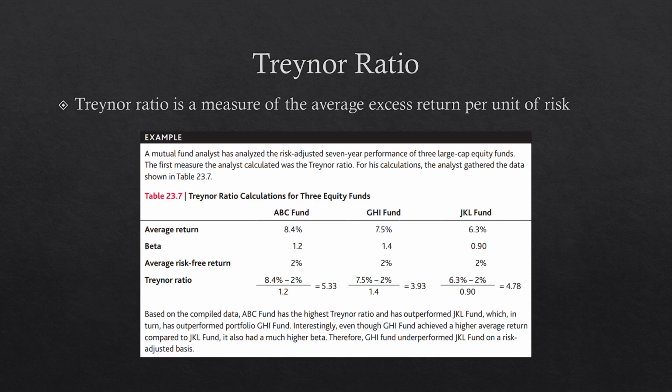And finally, Treynor ratio, which is a measure of the average excess return per unit of risk. And so it's just calculated as the difference between the average return and risk-free rate divided by beta. So the same thing as Sharpe ratio, except you're not dividing by the portfolio standard deviation, you're dividing by beta for the Treynor ratio. And so those are all the main concepts for chapter 23.